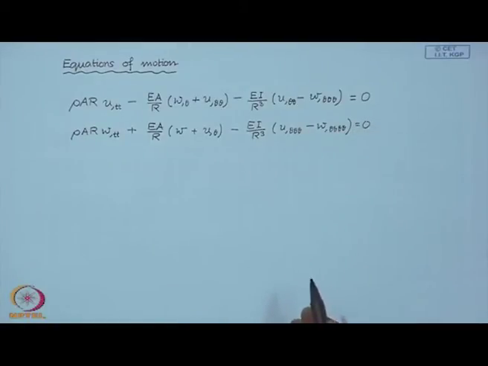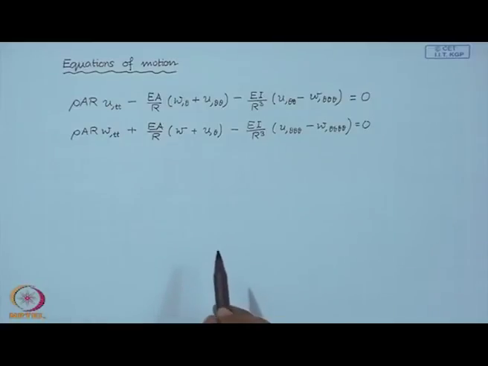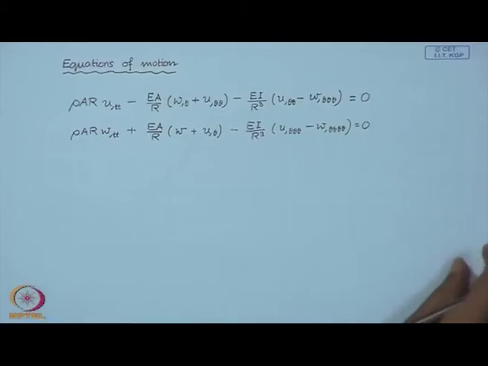So, these are the equations of motion for the beam with constant curvature r. Now, next we will also look at the variational formulation for this.